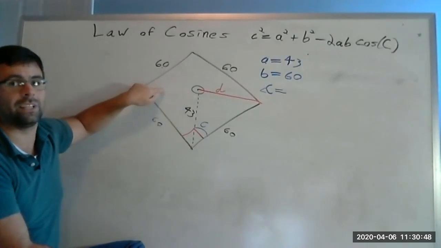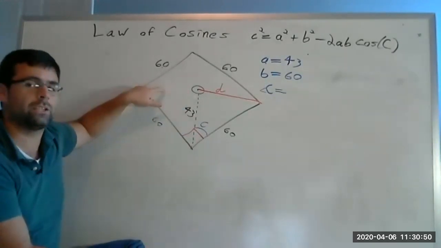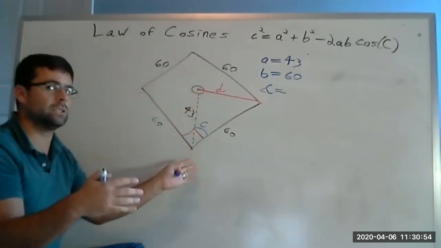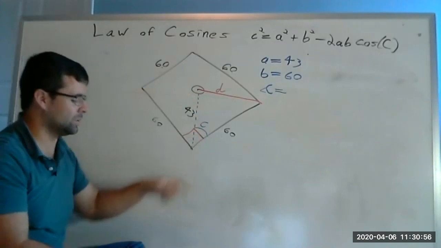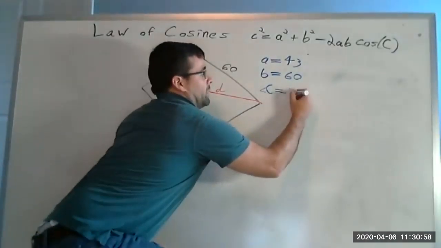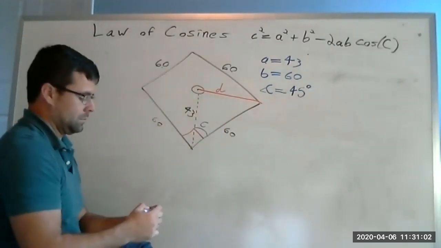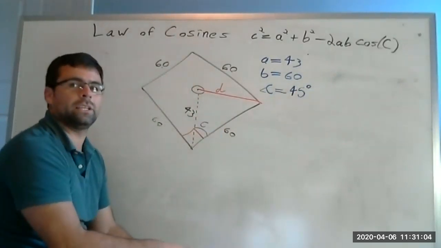The pitcher's mound isn't closer to third base or something. The pitcher's mound is right in the middle, left to right. So that means that this angle is 45 degrees. Now we have everything that we need to solve.